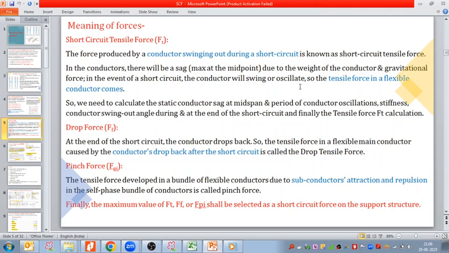First of all, there are two forces, the electromagnetic force and the force due to gravity, and then we have to calculate the ratio, and then we need to calculate how much swinging is occurring. All that we have to calculate one by one. So we need to calculate the static conductor sag, the sag at the midpoint.